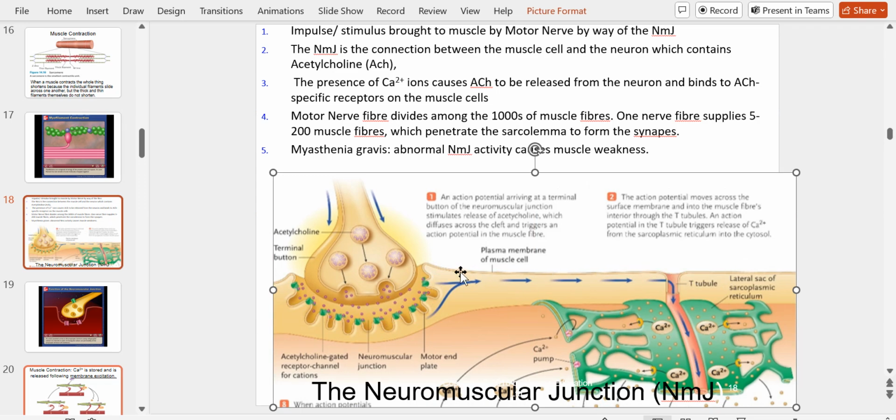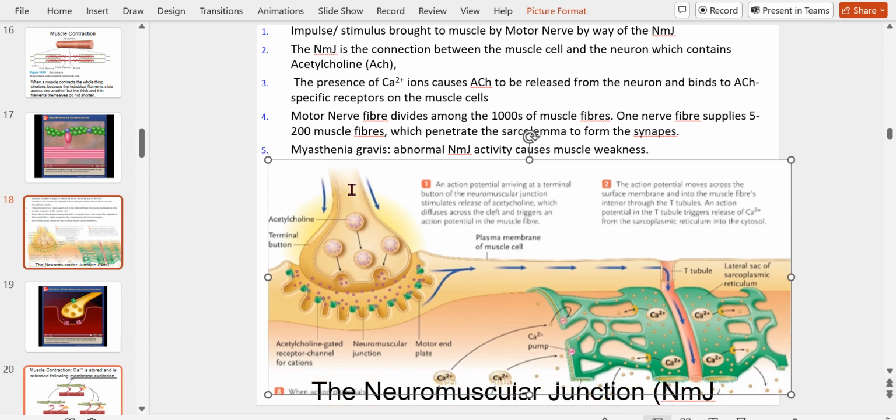There's your sarcolemma. The message is sent down the neuron, which is then initiated there in the sarcolemma of the muscle, and that travels along the sarcolemma and starts getting this muscle ready to go.